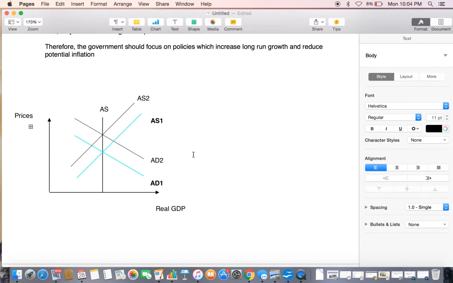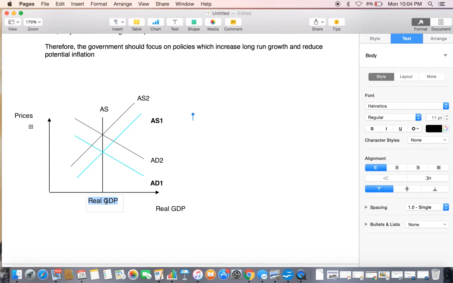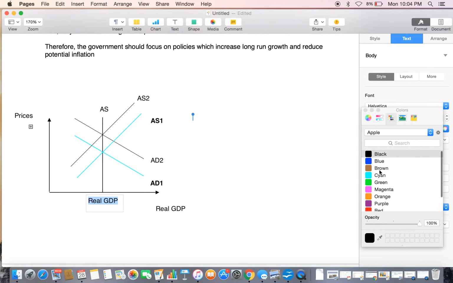So at this initial aggregate demand and aggregate supply, we would have real GDP as represented by the intersection of those two curves in this amount. Now, let's say, for example, that there is some sort of event which causes an increase in consumption.